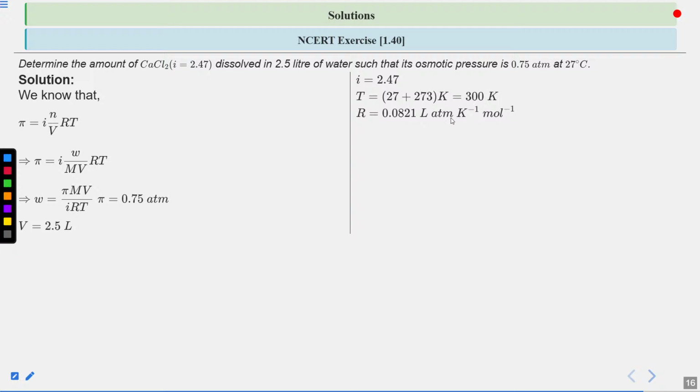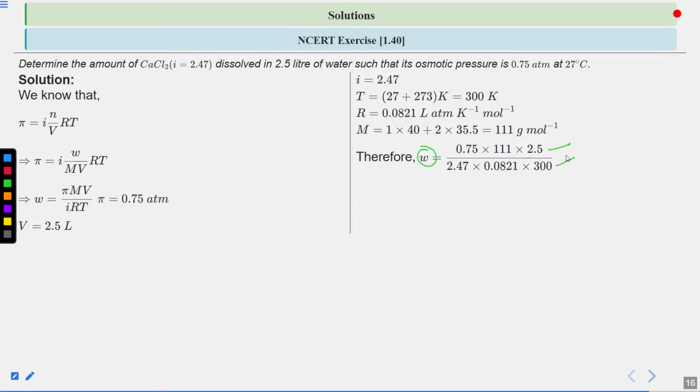The R value in terms of liter atm per Kelvin per mole is 0.0821. Then what is the molecular mass of CaCl2? It will be 111 gram per mole. It is simply calculated by considering their atomic weights. Therefore, the weight would be calculated in this manner. Just put all these values. You will get it as 3.42 grams.